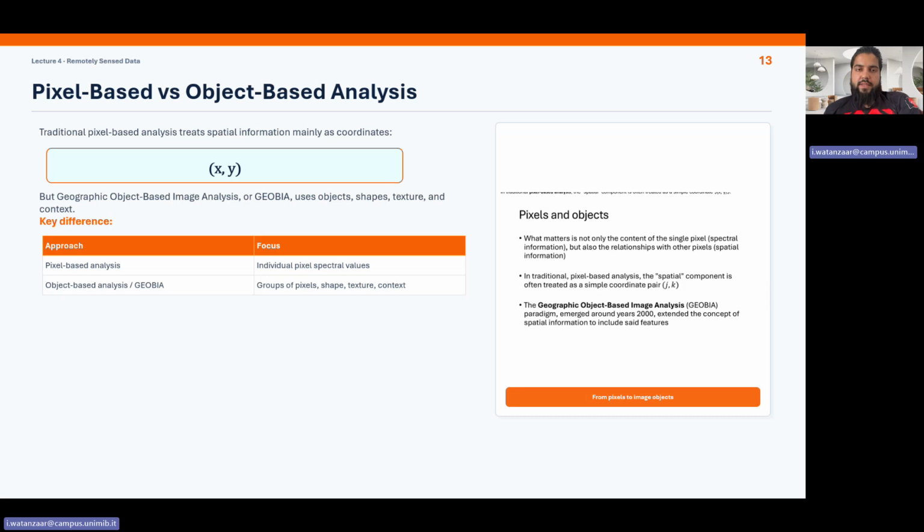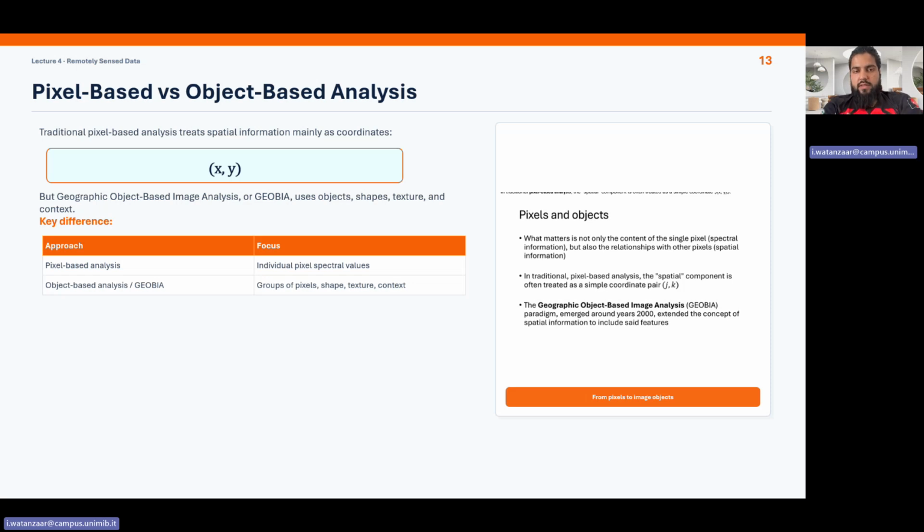We now come to pixel-based versus object-based analysis, and how we should look at the objects. It can be analyzed with two methods, pixel-based or object-based.